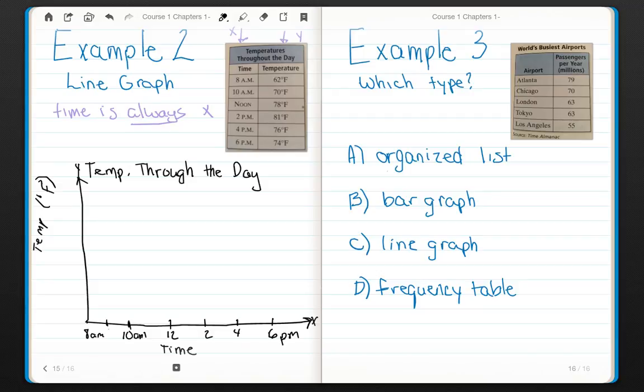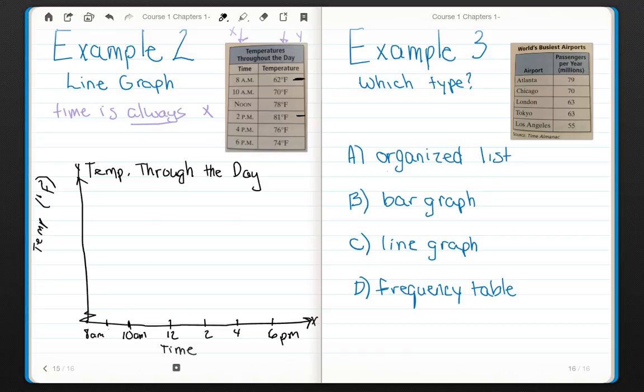Okay, my temperatures. Again, I need to identify my high and my low. 62 looks to be my low and 81 my high. So I'm going to start at 60 and I'm going to go up to 82 and I'm going to count by fives actually. So that I don't have to start from 0, I'm going to put this little zigzag line right here.